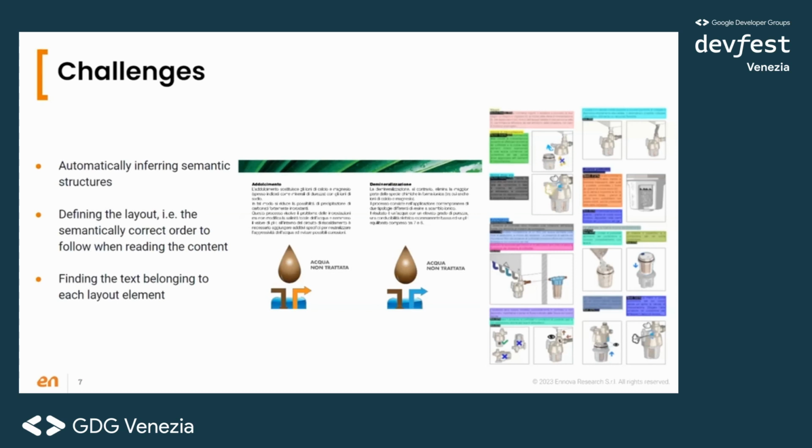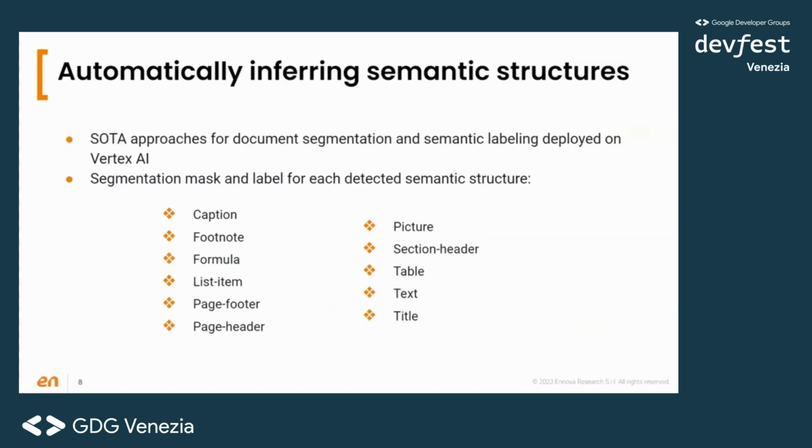We need to read from left to right, top to bottom, but one column at a time. And then, when we know the reading order of each semantic element in the page, we need to associate a text with it. And so we go through all three.